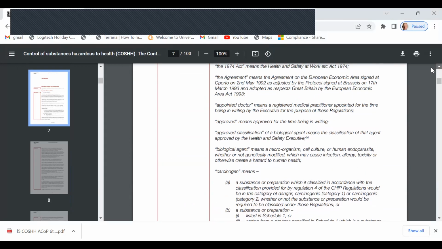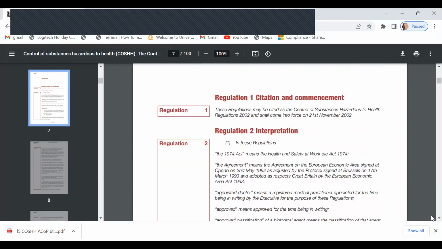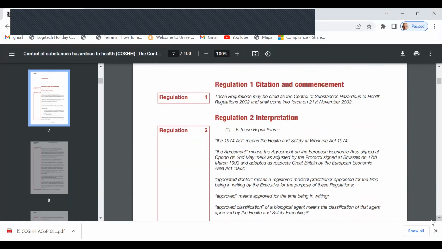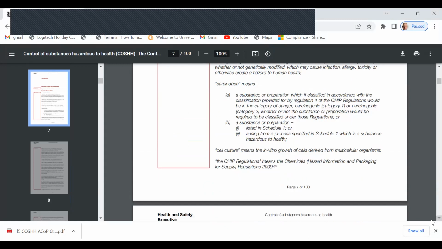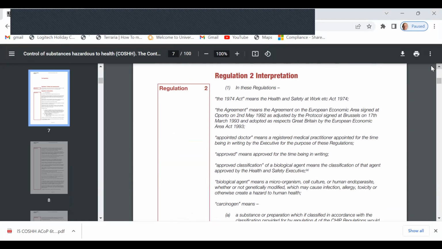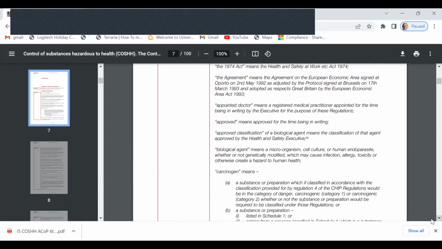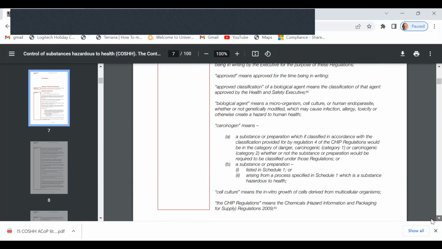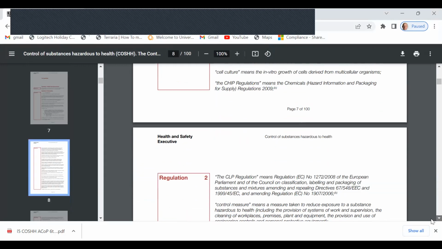Yeah, so using the ACOP L5, you've got mentioned in the regulations the application and the various areas that COSH comes into practice.